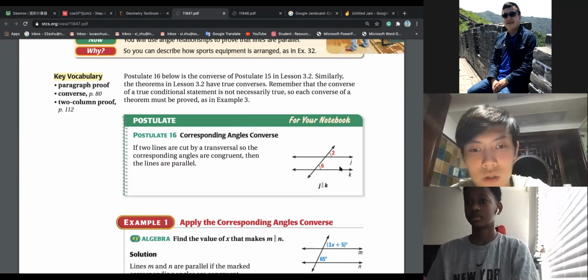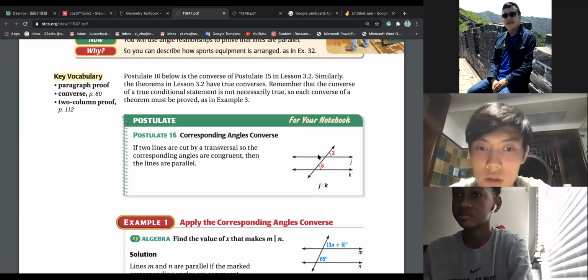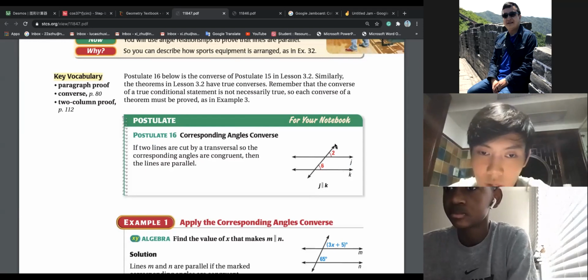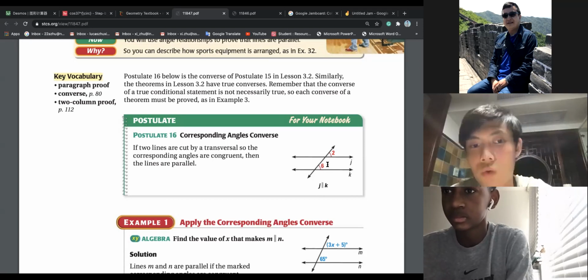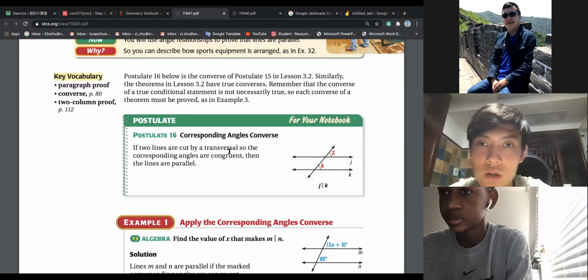So for now, we do not know if line J and K are parallel or not. We do not know that. But we are given that two lines are cut by a transversal, and we are also given that angle 2 and angle 6, which are corresponding angles, are congruent to each other.